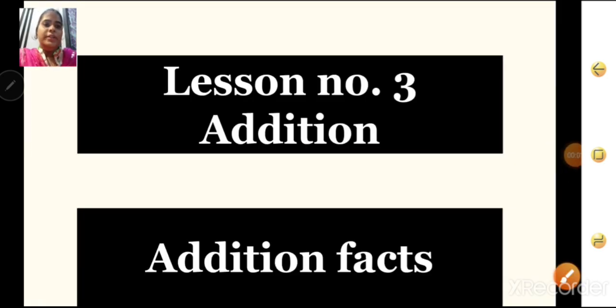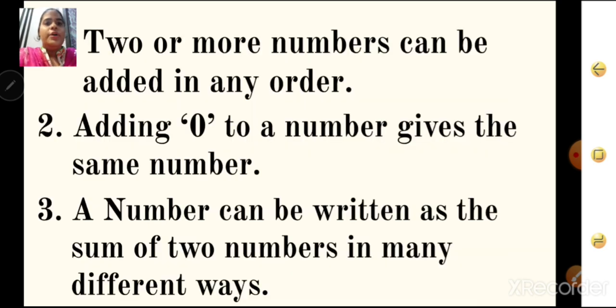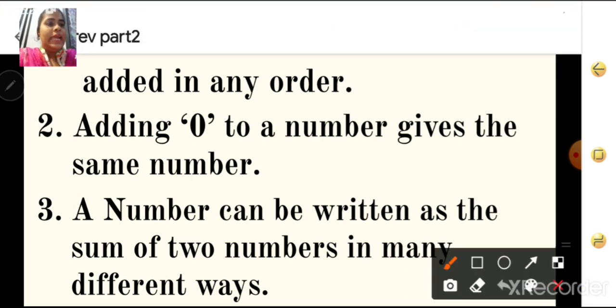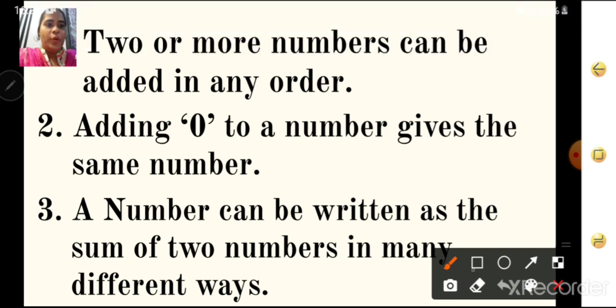Now children, we are going to first revise few addition facts from lesson number 3, addition. Okay. Now the first one, addition fact is 2 or more numbers can be added in any order. Children, all the addition facts are very important. Now here what they are saying, 2 or more numbers can be added in any order.